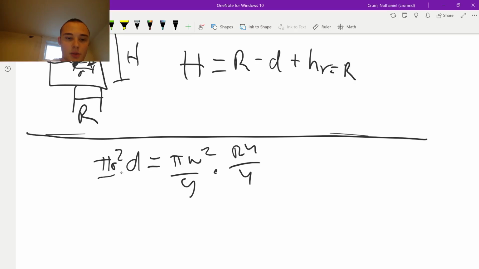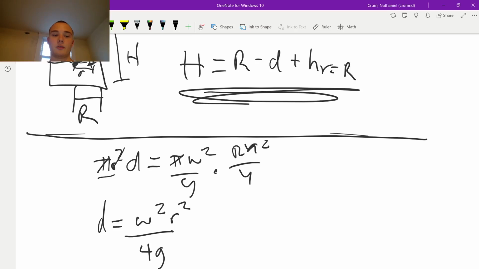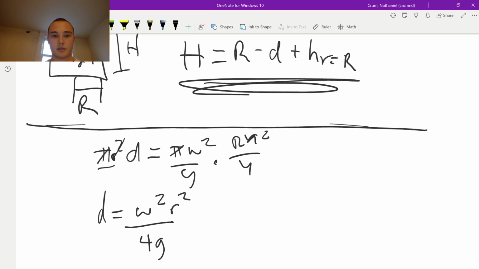If we divide pi R squared on both sides, the pi cancels, this R to the 4th turns to R squared, this R squared cancels all the way, and we are left with d equaling omega squared R squared over 4g. So now we have our distance of the dip before the fluid's about to spill out, and we can put it into this equation, and then we can isolate for our angular velocity, and this will give us the maximum velocity before the fluid spills out of the container.